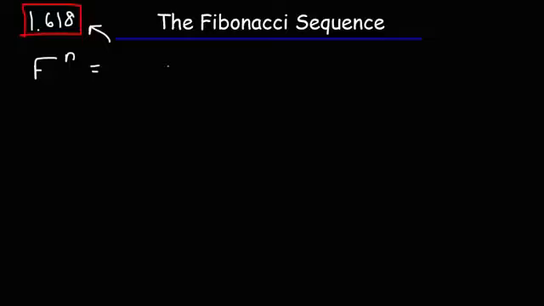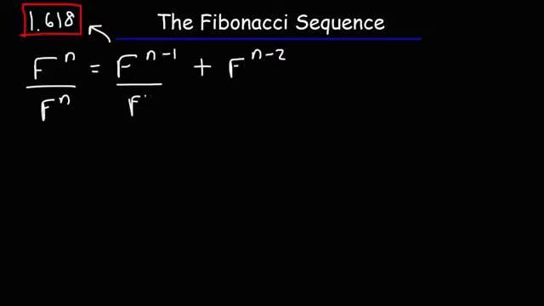F raised to the n is equal to f raised to the n minus 1 plus f raised to the n minus 2. Dividing both sides by f to the n, we're going to get 1, which is equal to f raised to the n minus 1 divided by f to the n. Whenever you divide, you need to subtract the exponents.